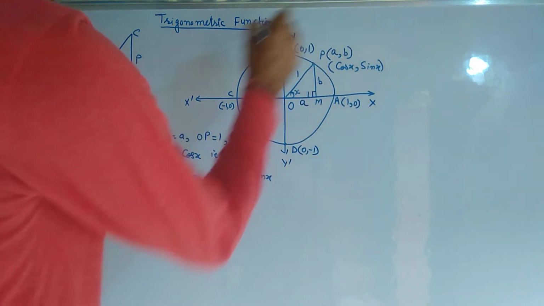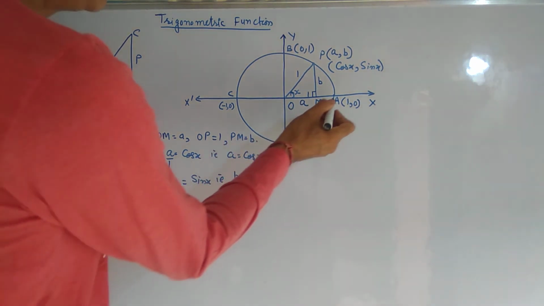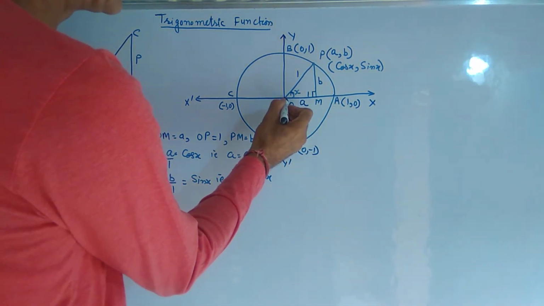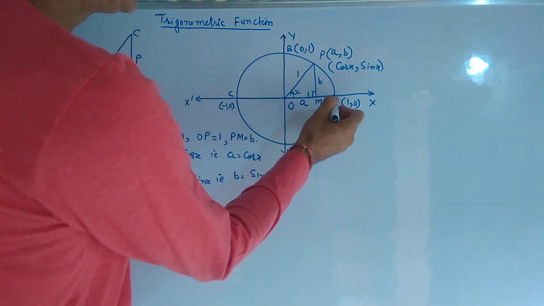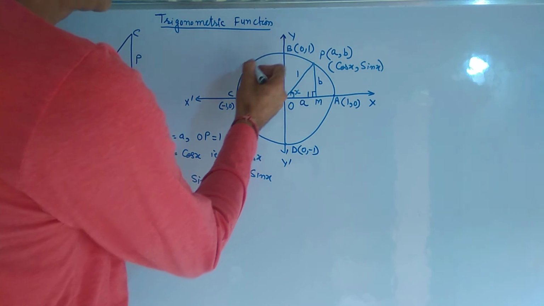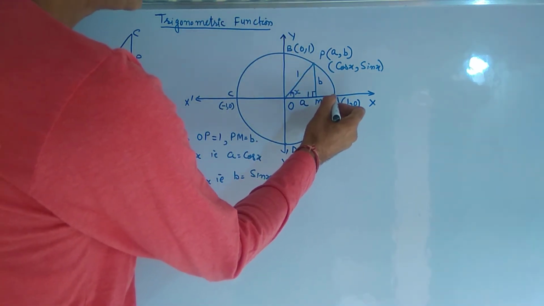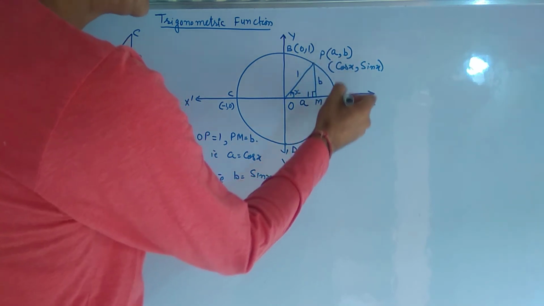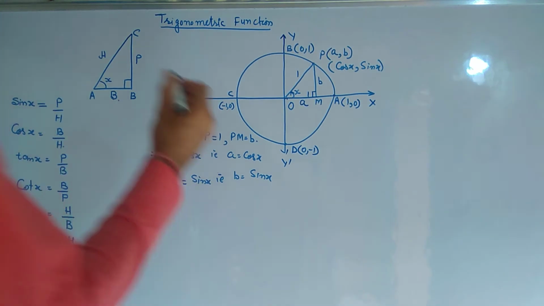Now we will study the behavior of the values as the point rotates. When OP rotates in the anti-clockwise direction, when P is at position A, the angle is 0.